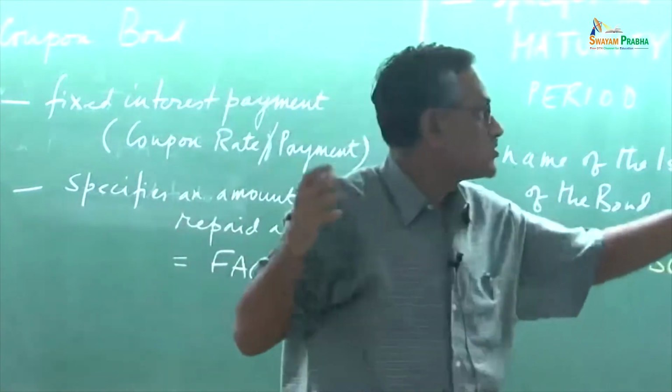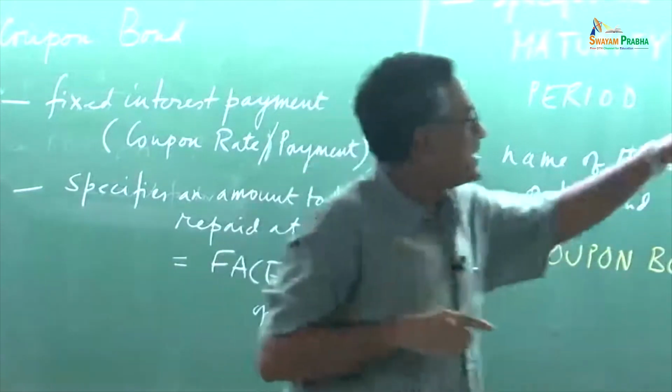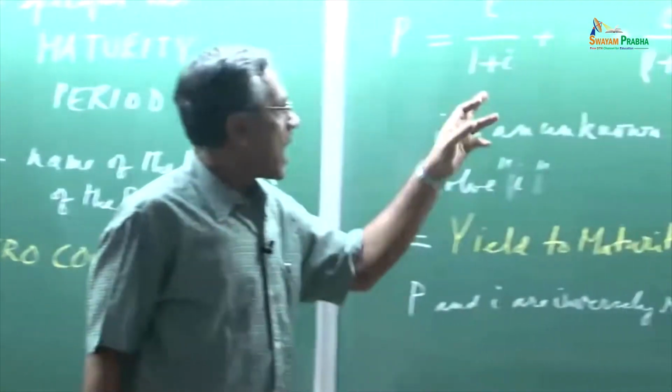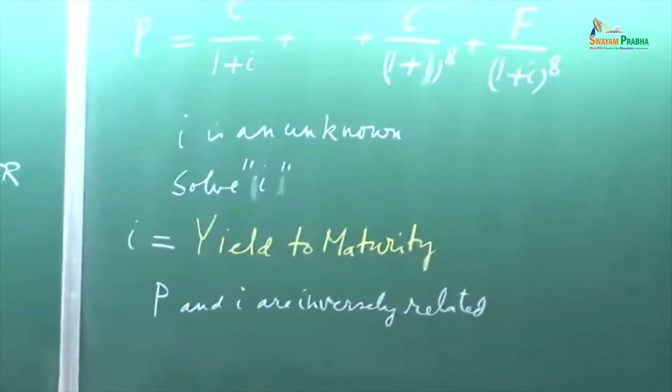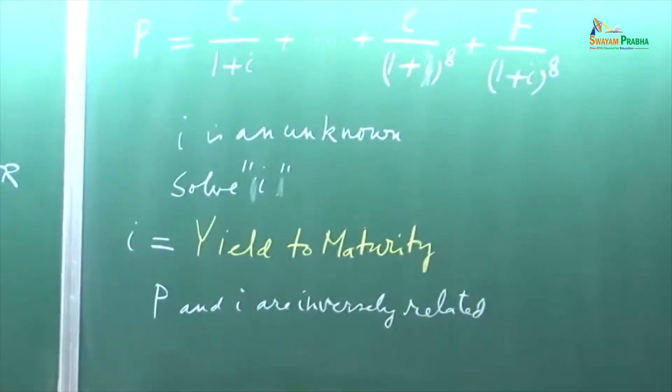What does it mean, yield to maturity going up? If C and F are fixed, I going up means P going down. That means the price at which the government is selling its debt instrument is going down and down. Lesser and lesser people are interested in it.